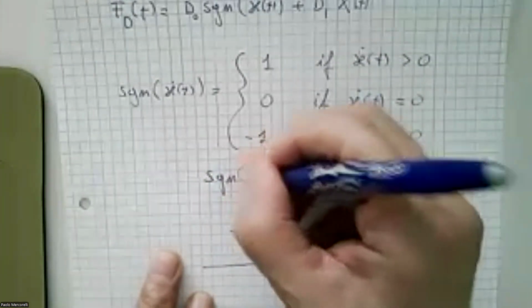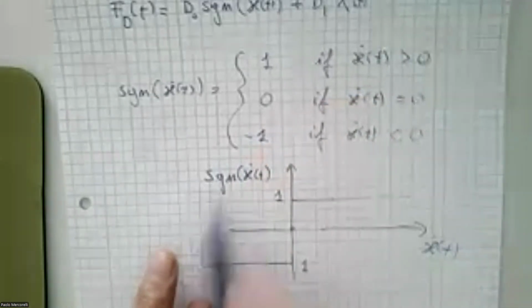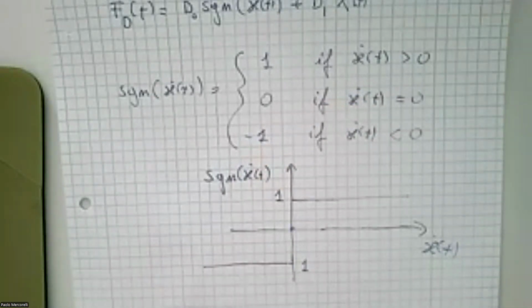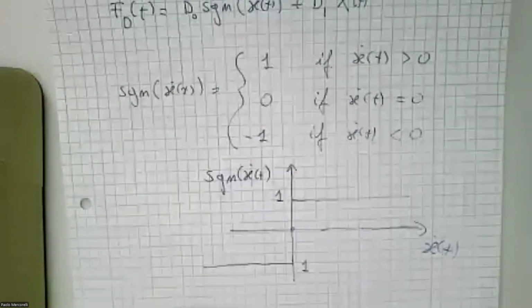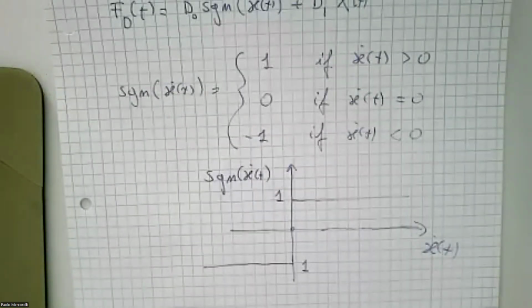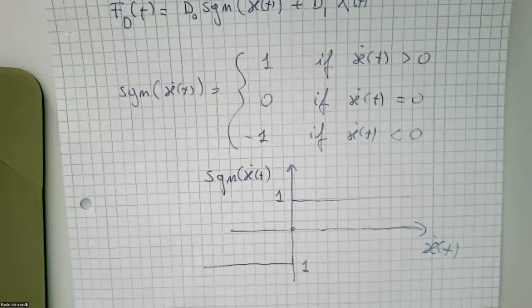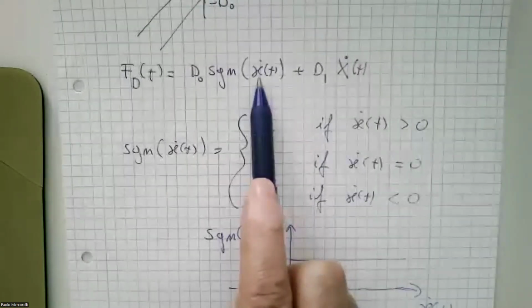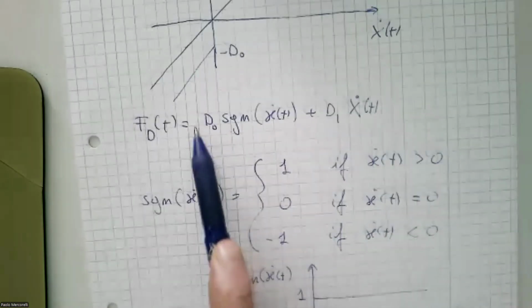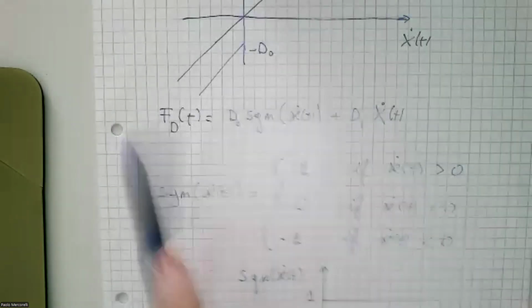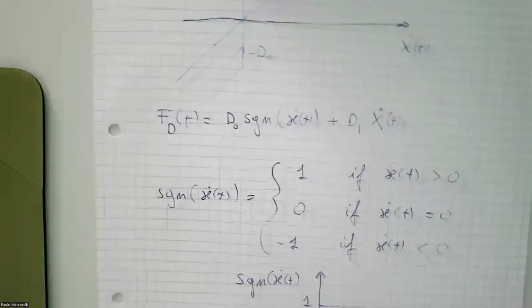Is there this SGN in order to guarantee that the friction force is always against the movement, always against the velocity. In some books, we find with minus, no? But you can consider minus in the equation.